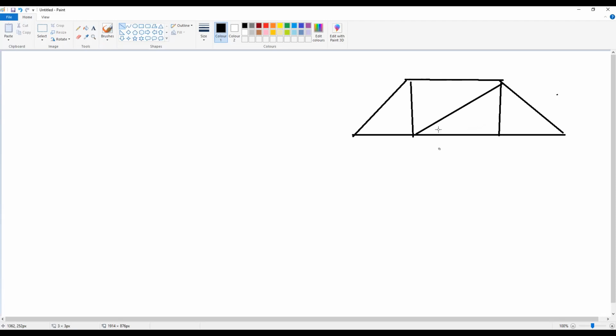Okay, so this is our truss, and we have here two supports. Hinge support at A, and we have here B, roller support at B, and we have the connection between all the members are bend joints.